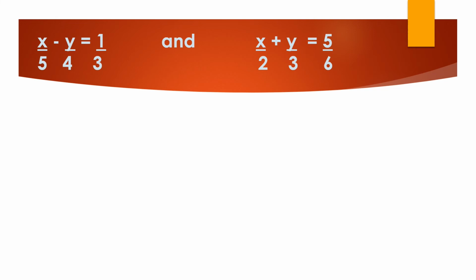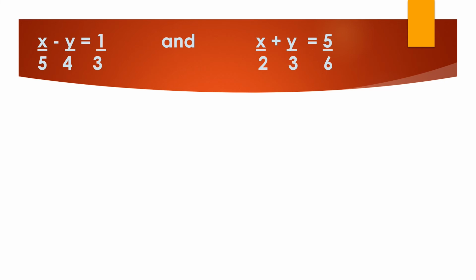If you have a question like this, with 5, 4, 3 as the denominators, we don't want to work with fractions in these equations, so we can multiply each fraction by the same number. So 5, 4, 3: what is the number that can be divided by 5, 4, and 3?